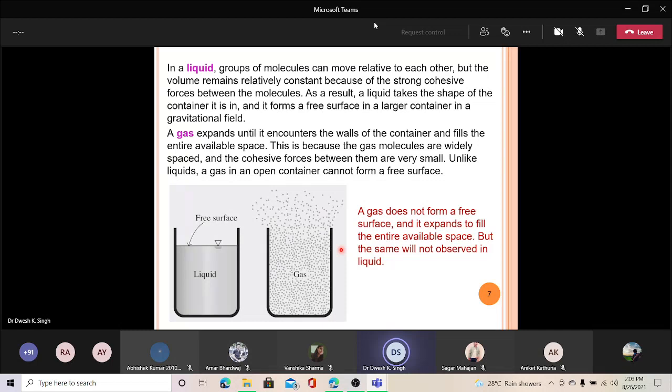When you put the gas somewhere and it is not closed, it will just go out and try to fill the space, whatever the environment, like a room. These are the phenomena, some differences between liquids and gases.